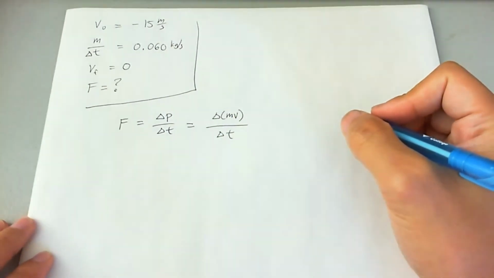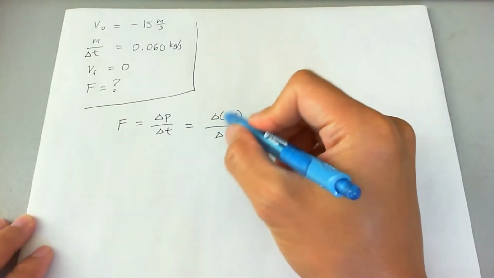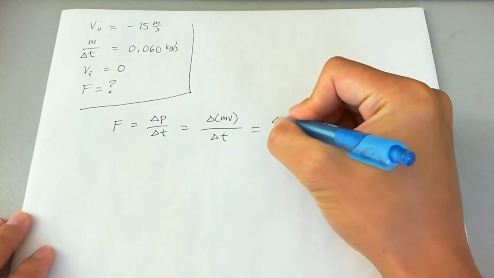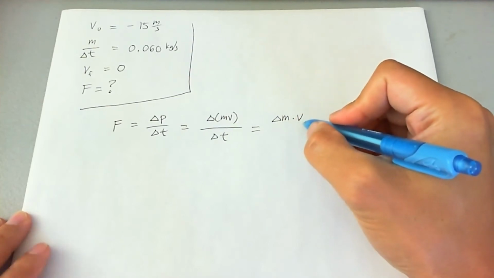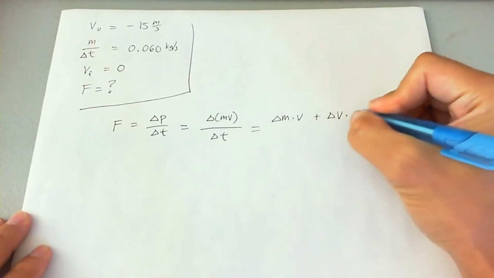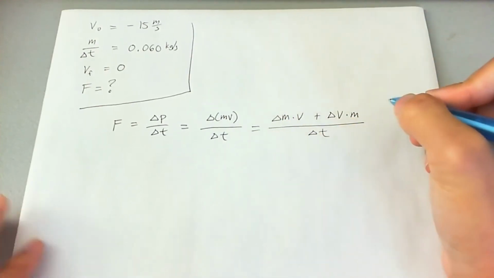So we're going to put that over t here. When you have a change in two variables, that is equal to the change in one variable multiplied by a static second variable plus the change in the second variable times the static first variable divided by delta t.